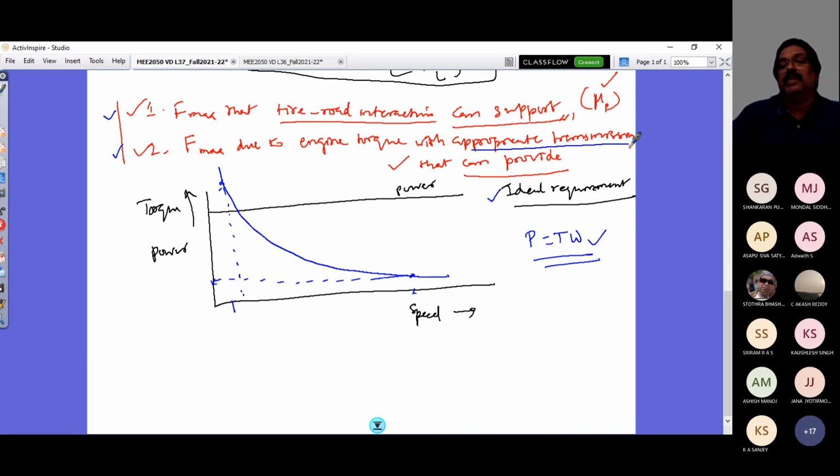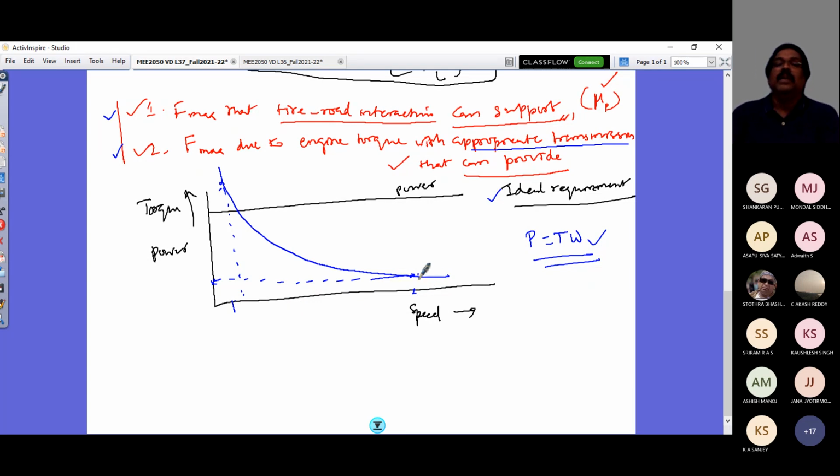That's where the transmission system comes in. If we do not have an appropriate transmission system to account for these two requirements we are talking about, and the intermediate speed requirement, we will not be able to have constant output power for the engine in the vehicle application. The torque supplied by your engine has to meet a higher torque requirement at the low speed of a vehicle, especially to climb a grade.